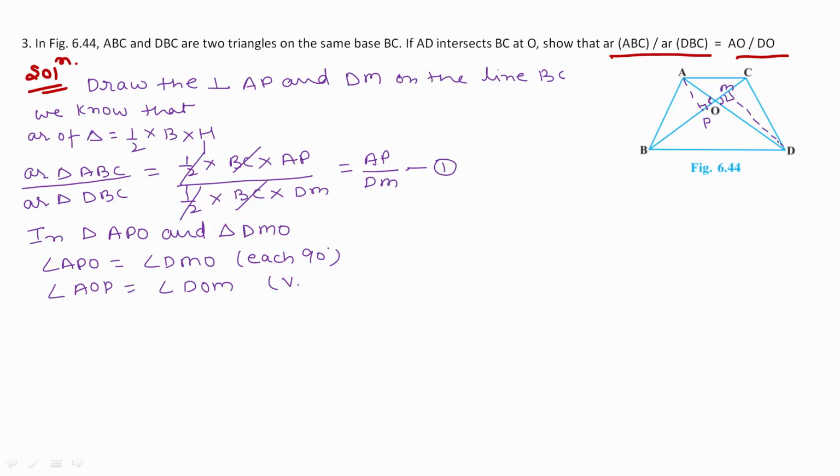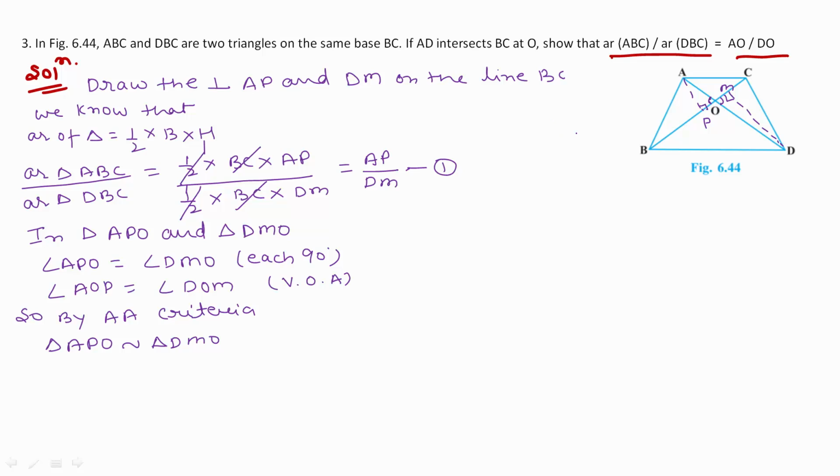From which property? Vertically opposite angles. So by the angle criteria, triangle APO is similar to triangle DMO.